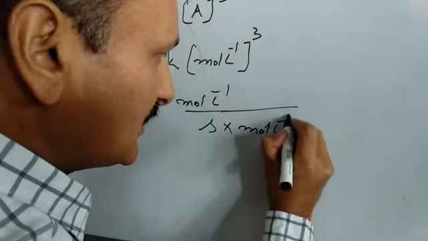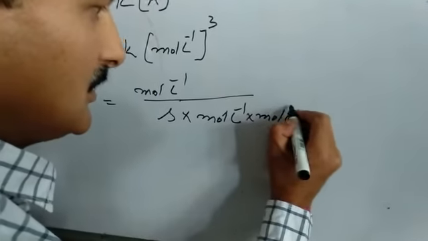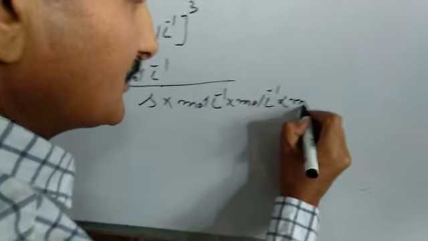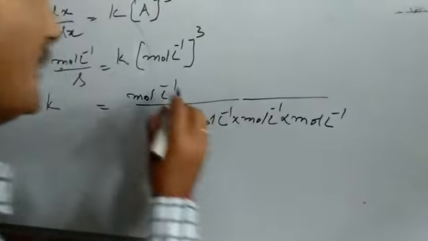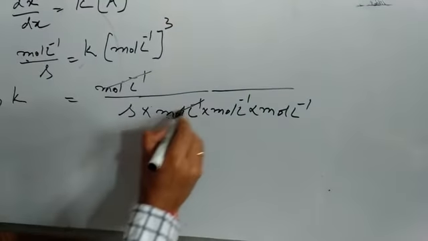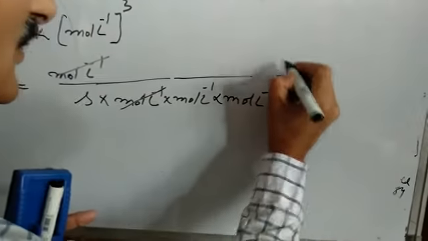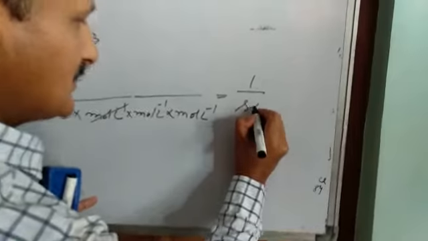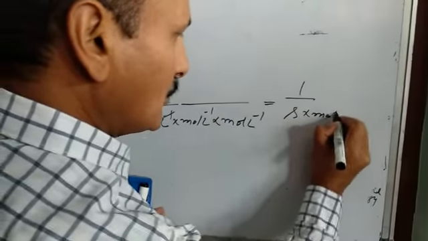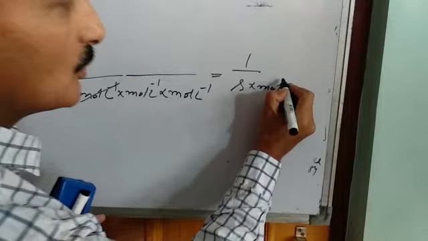Mole per liter into mole per liter into mole per liter. Now this mole per liter and this mole per liter will cancel. Now what is left behind? 1 upon second, mole. Now this is 1 mole, 1 mole, 1. This will be mole square.